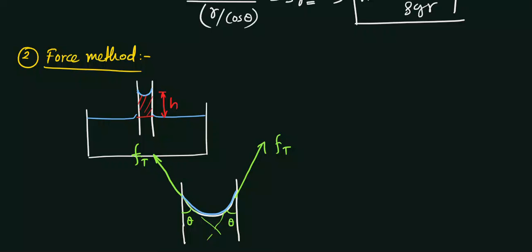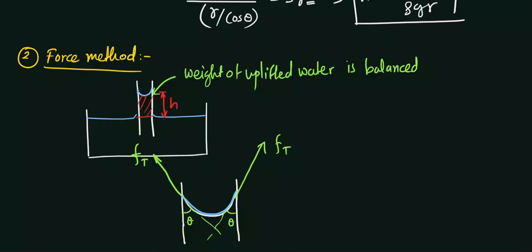This weight of the complete uplifted water is balanced by the surface tension. Whatever the amount of water that is uplifted, it is lifted against the gravity, otherwise it will come to the normal level, and it is lifted by surface tension.